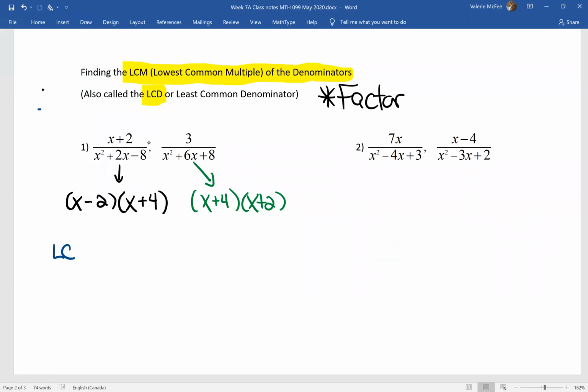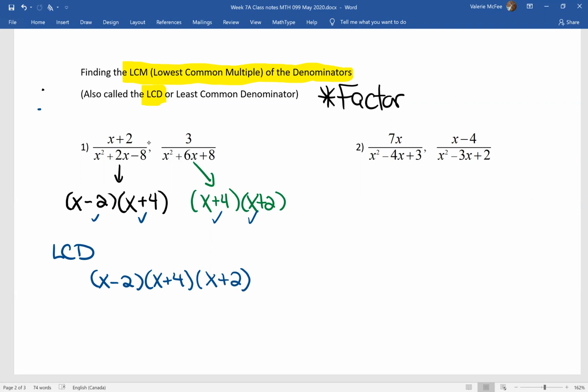For the lowest common denominator, or the least common multiple of the denominators, my first expression needs x minus 2. The first expression also needs x plus 4. Second expression needs x plus 4. We already have it. I also need x plus 2.